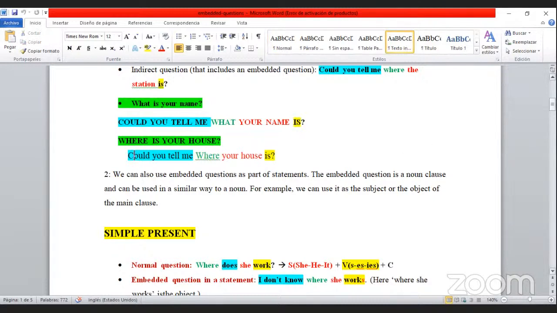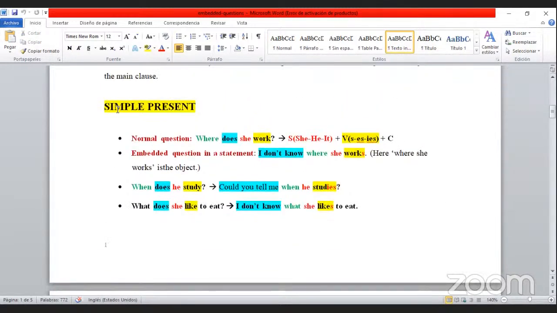What happens when we use simple present? When we use this simple present, we are talking about the auxiliaries do and does, right? For questions. So my normal question here is, where does she work? So I have to convert this into an affirmative sentence. So what is my structure to convert into affirmative?